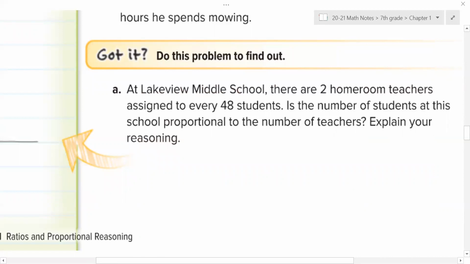Explain your reasoning. Now, there's a lot of information that they do not give us about this. There might be one class with only 10 kids in it, but because they're asking for a general statement about the whole school, if they're not giving us more information, we can just say that for every 48 students, there are 2 teachers.